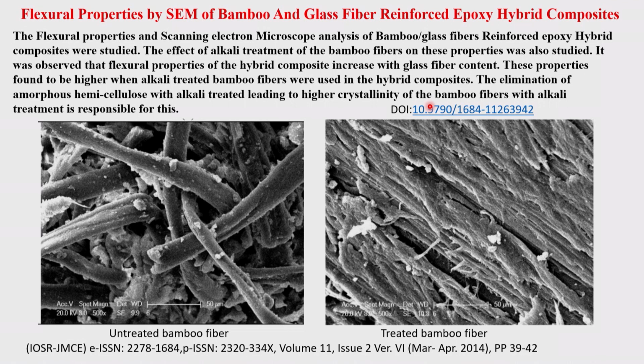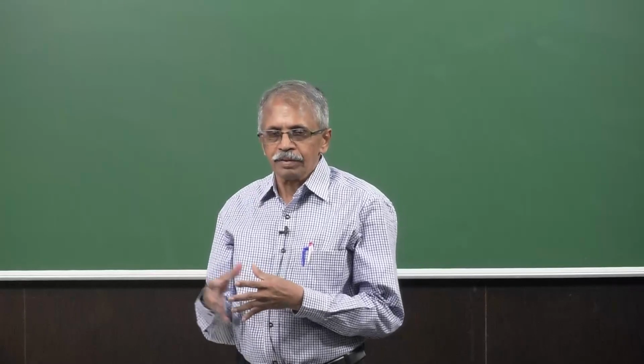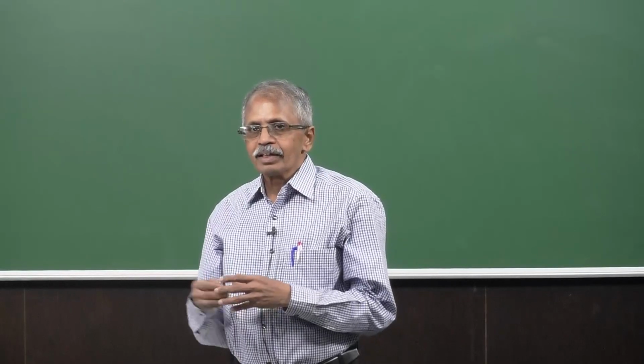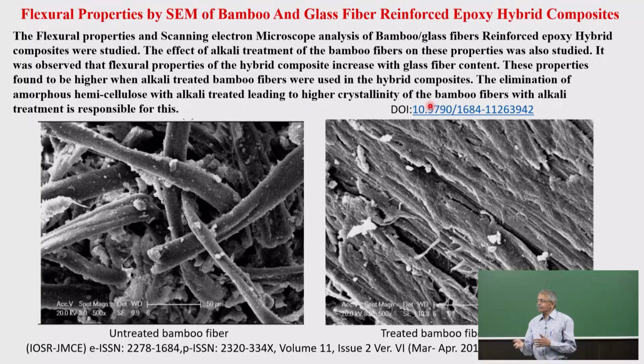So what is responsible here is basically the fibers which are treated with the alkali. When you treat with the alkali, it diminishes the non-crystalline matrix, or hemicellulose, all of these, and thereby you increase the crystallinity, and thereby you improve the composite properties, the parameters of the composite. So strengths, etc.